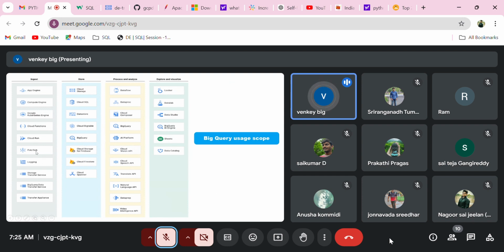Similarly, we have seen Cloud Storage, GCS, and we are going to see BigQuery. And we have RDBMS systems, which are OLTP systems, which are Cloud Spanner and Cloud SQL. These are database systems inside Google Cloud Platform.